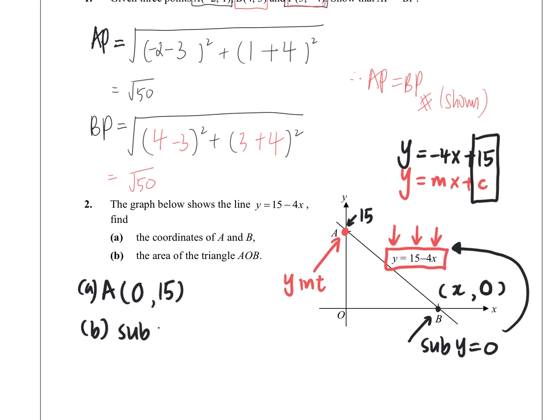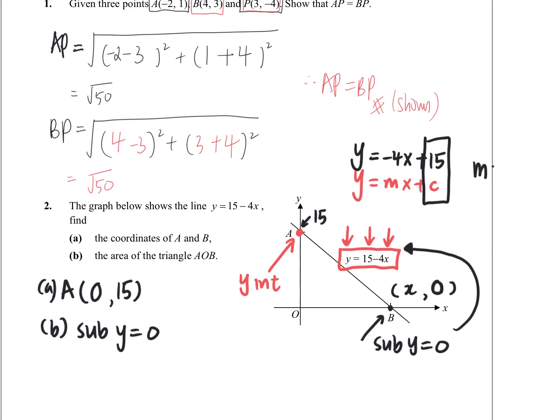Which letters? M means gradient. C means y-intercept. Keep a formula book, it will help you. Y is just a point, so it can take many values.